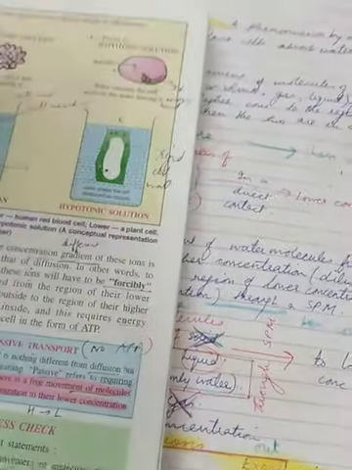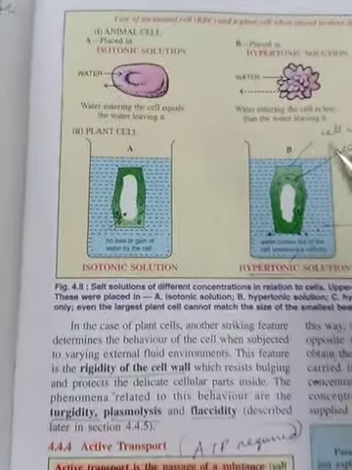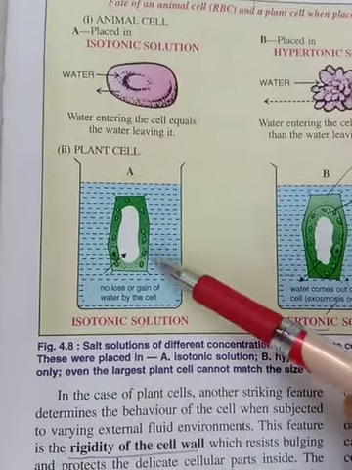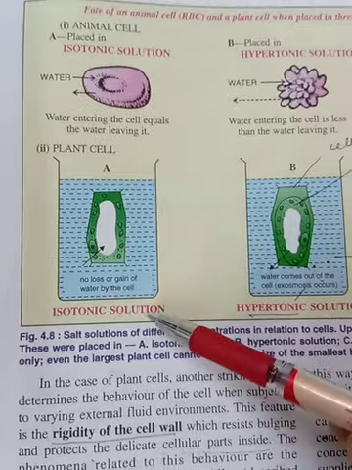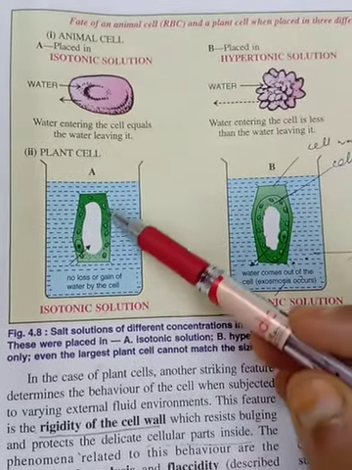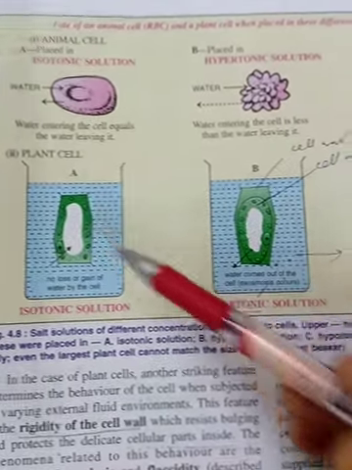So if I show you here in the textbook, children, the diagrams that are given for turgid and flaccid cells will be something like this. It's at page number 41. This is a turgid cell where enough water is being there. The solution is isotonic, we'll talk later, but this condition is a turgid cell.